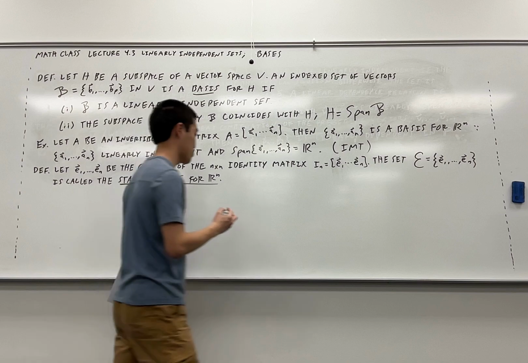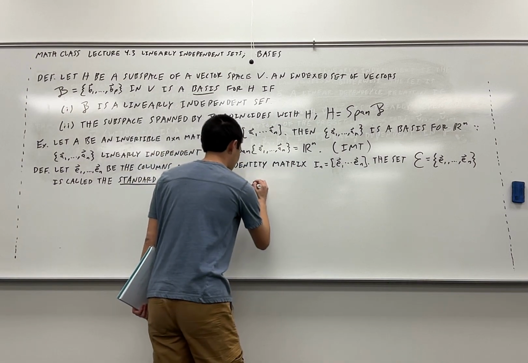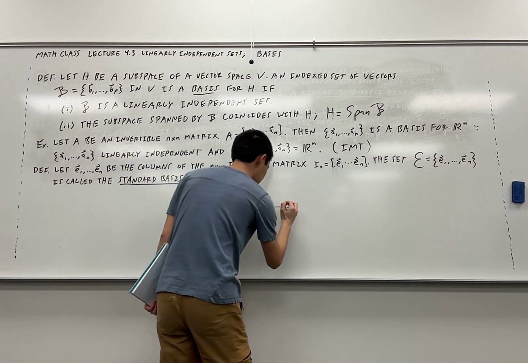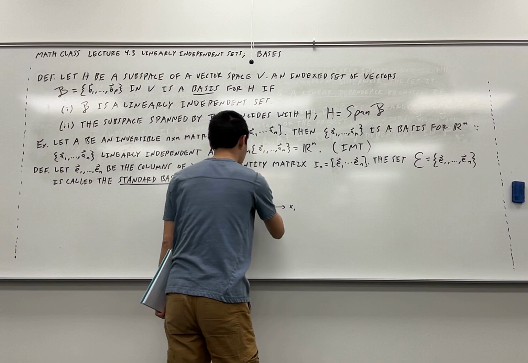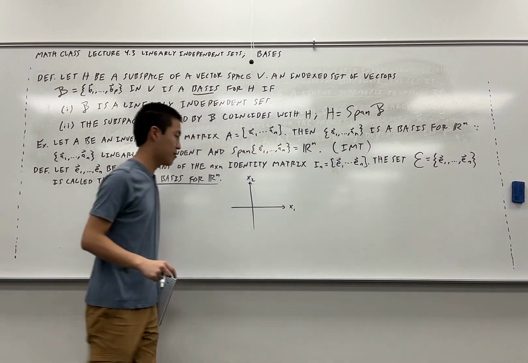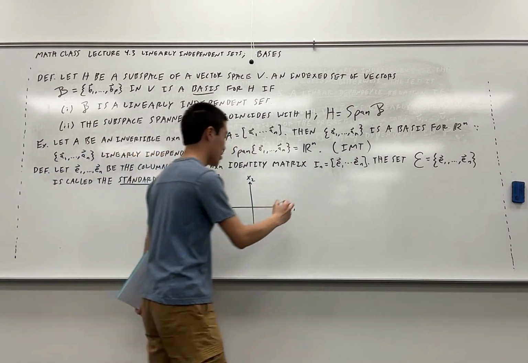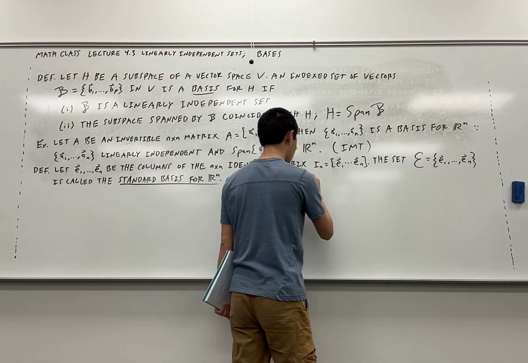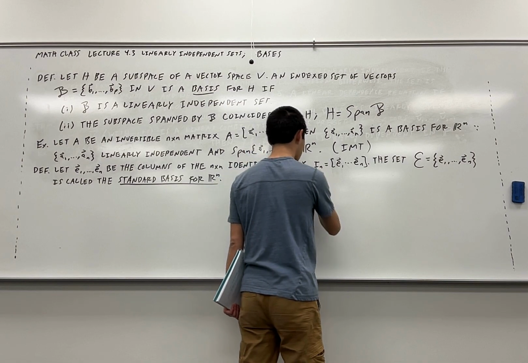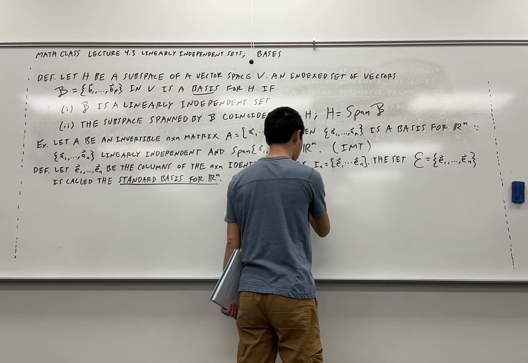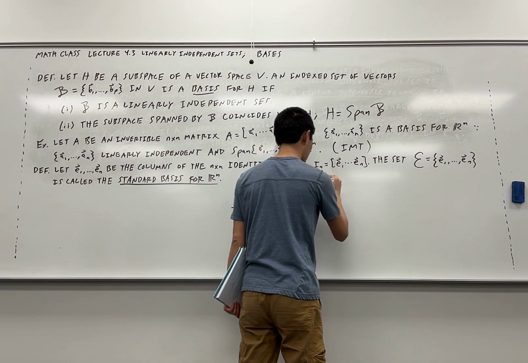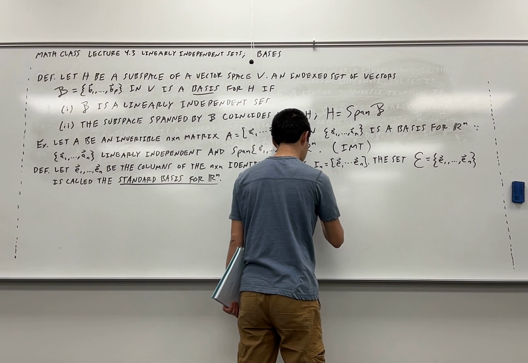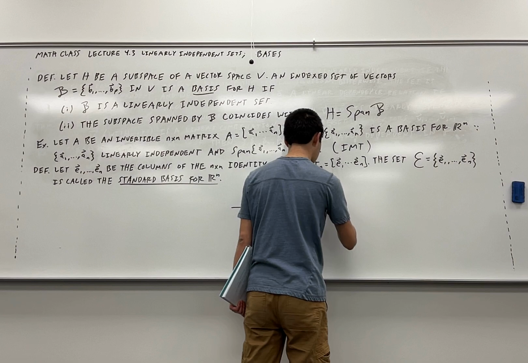So like in the physics perspective, say I had x1 and x2 like this, right? Then E1, so this is R2. So E1 in R2 can be expressed as 1, 0, and E2 can be expressed as 0, 1.